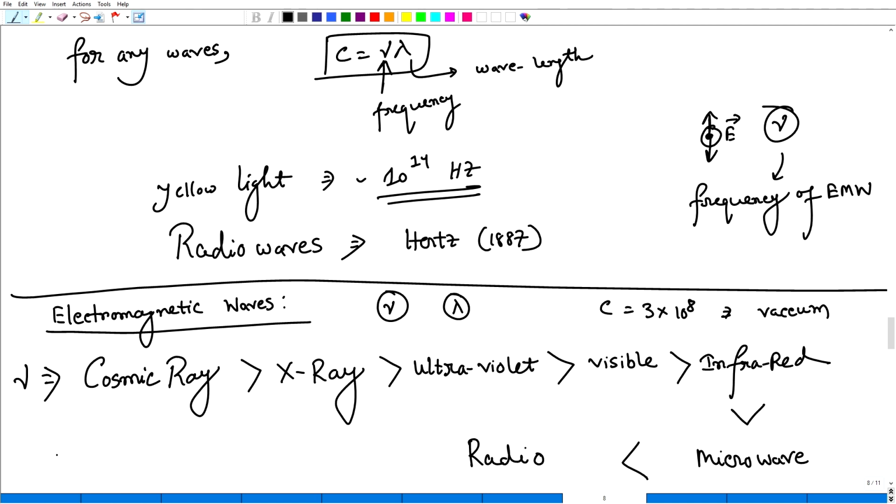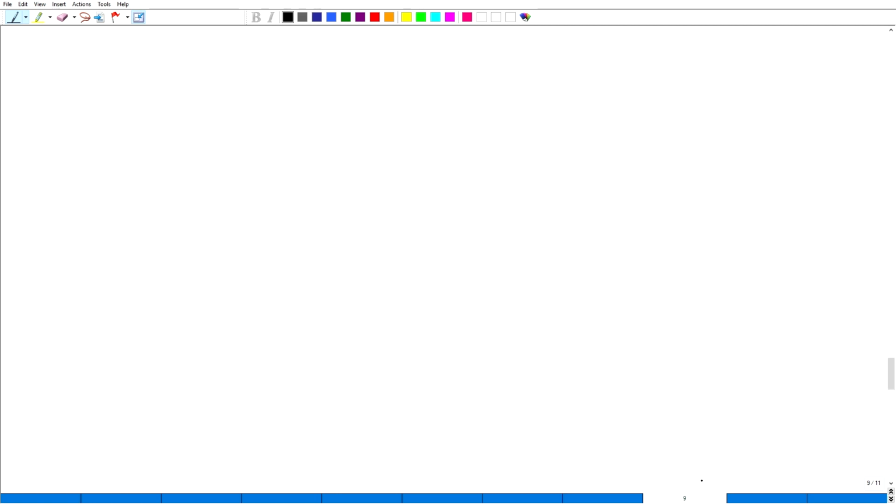So in lambda it is just the reverse, because we know that nu is equal to c by lambda. Okay. So in detail we can write here, that is drawn in the NCERT book as well. So I am just writing it.